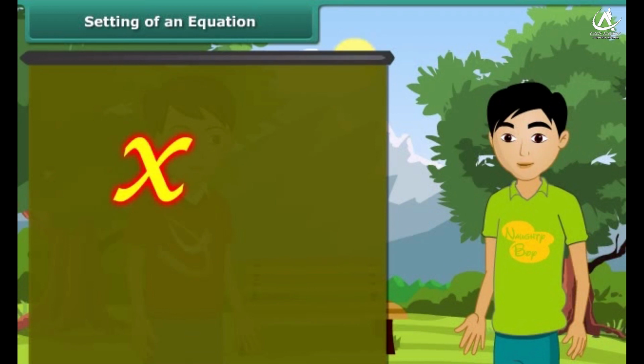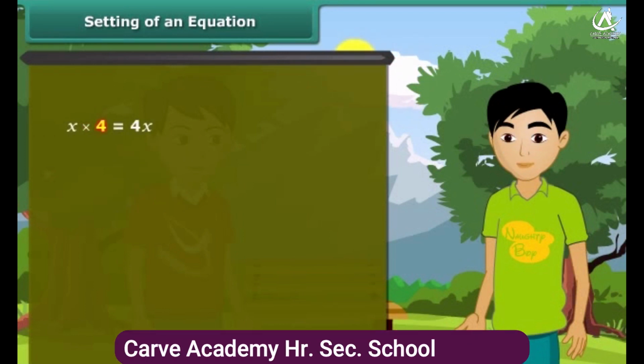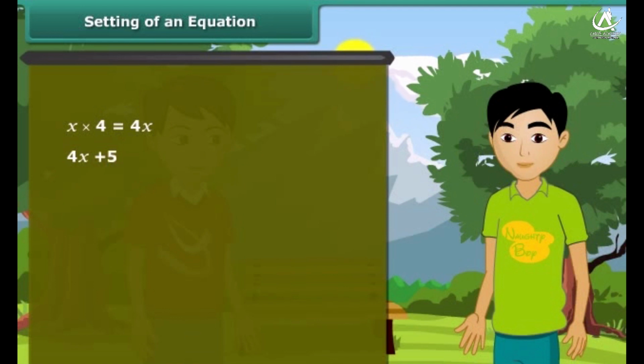You may use y or t or some other letter in place of x. I asked you to multiply the number by 4. You get 4x. Then add 5 to the product, which gave 4x + 5. You get the result 65, which means 4x + 5 = 65.